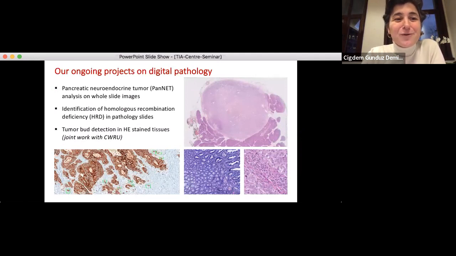So for example, for the second one, we will obtain some genetic data as well, and we will analyze the mutations. So we have very good collaborators here who can provide us some data together with the related information. So I believe that I am very lucky to be here.